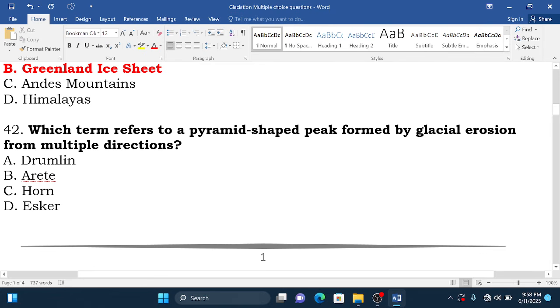A, drumlin. B, arete. C, horn. D, esker. So the correct answer is C, which is a horn.